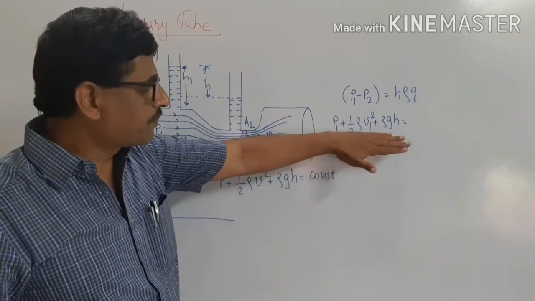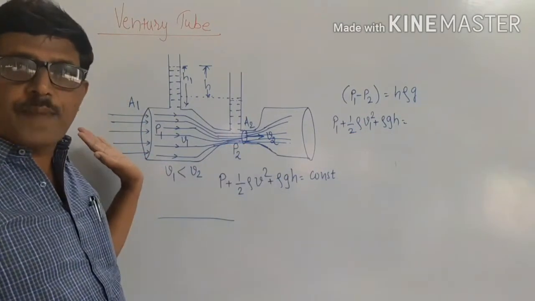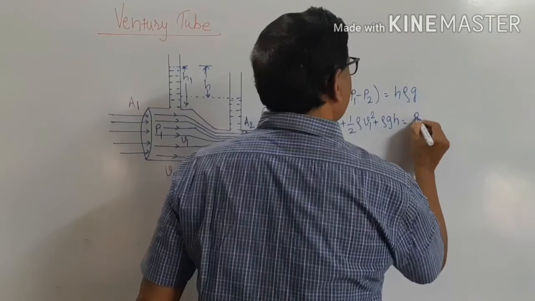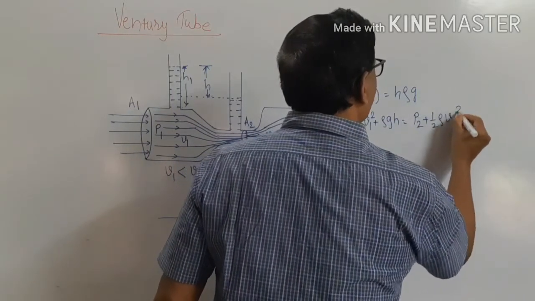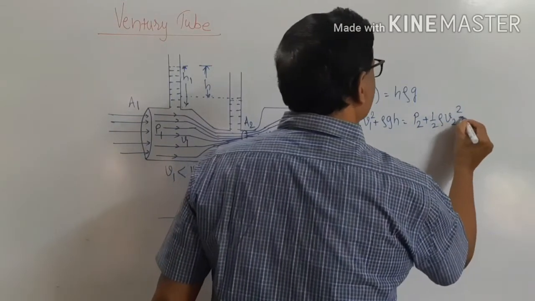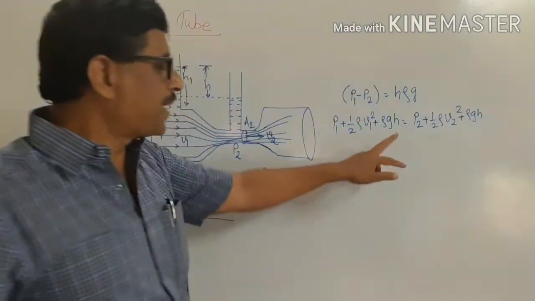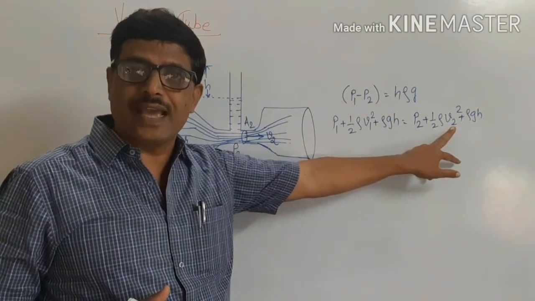This is the sum of the energies at the wider part of the tube, and it is equal to the sum of the energies at the narrower part of the tube, which should be equal to P2 plus half rho into V2 square plus rho into g into H. P2 is the pressure at the narrower part and V2 is the velocity at the narrower part.